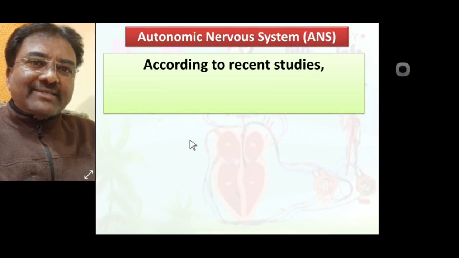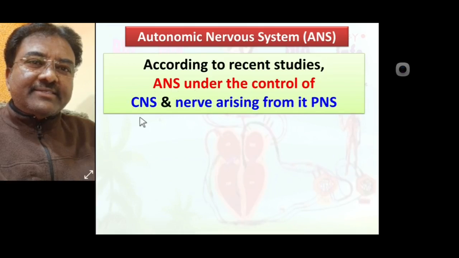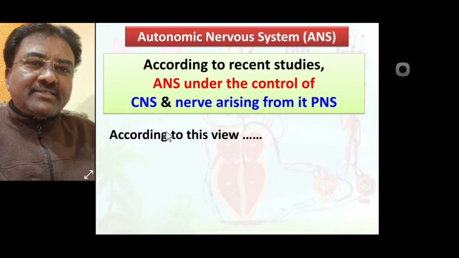According to recent studies, the autonomic nervous system is under control of the central nervous system and nerves arising from it, the PNS.